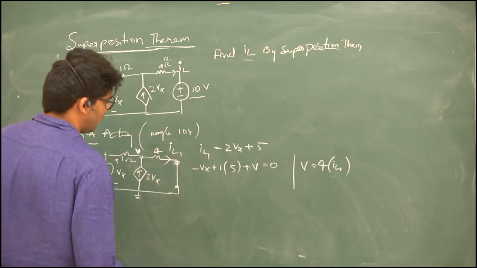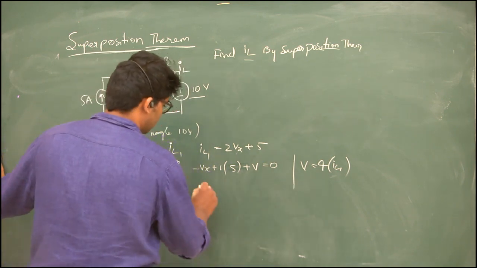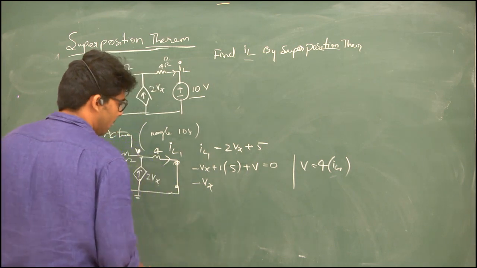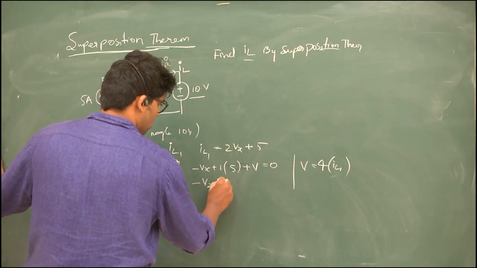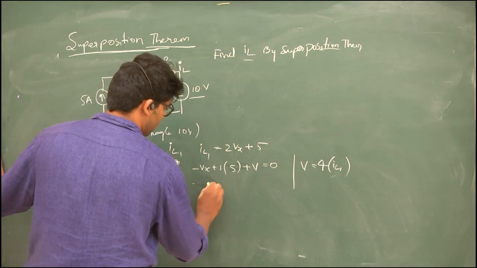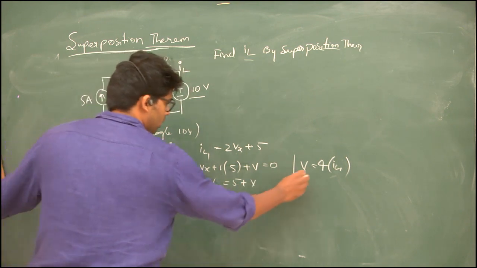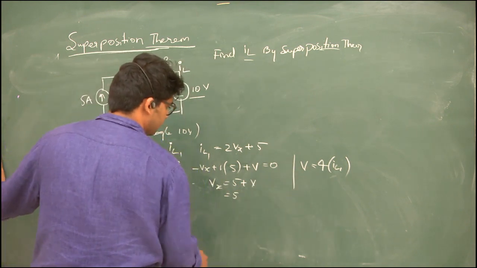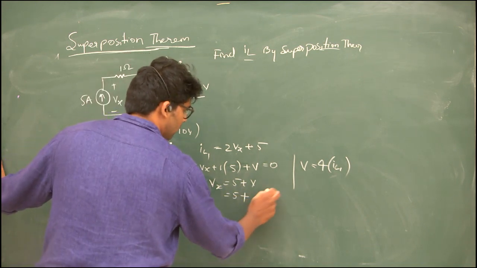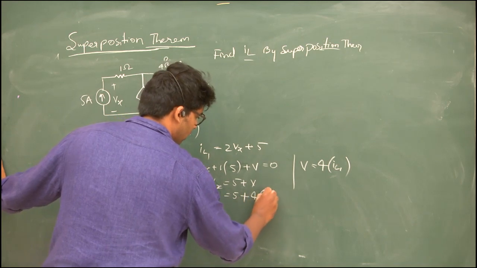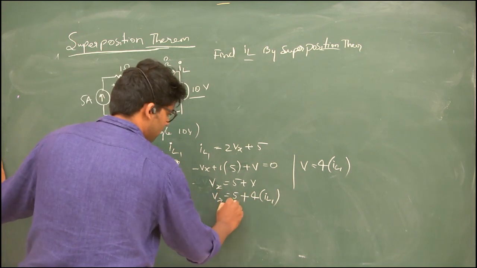So minus Vx, that is Vx equal to 5 plus V. Transform this here, that is 5 plus 4 IL1 you will get. So Vx is 5 plus 4 IL1.